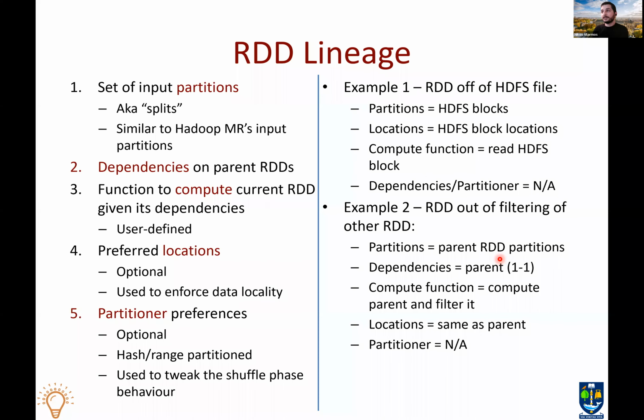So the dependencies may be defined at the RDD level, but ultimately they translate at the split level, because that's what we need to do to compute the output RDD. Can I explain again the dependency? There is, I guess, an example coming on. I think it's the next slide or the slide after that.